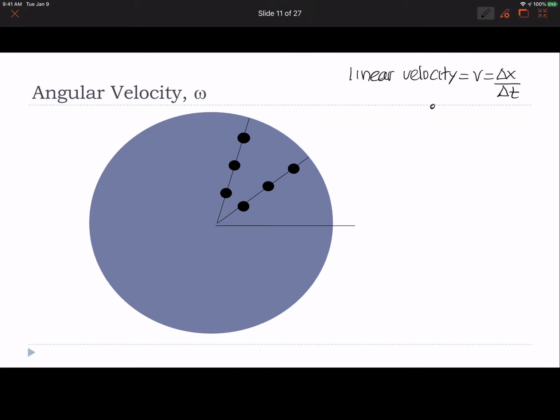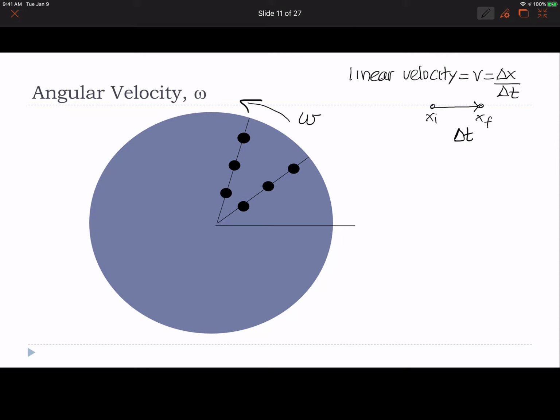So if I start here and I end up at some new position, like this, then I have covered some displacement, and that has occurred in some time interval, and so I have this average velocity. In a similar way, if I have a solid object that's spinning, I could talk about its angular velocity, and we write the angular velocity as an omega.